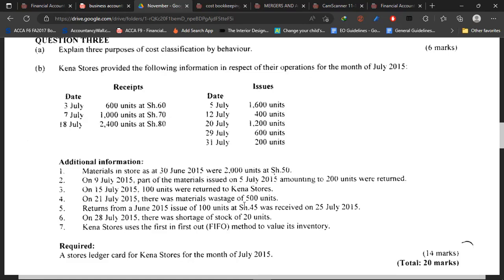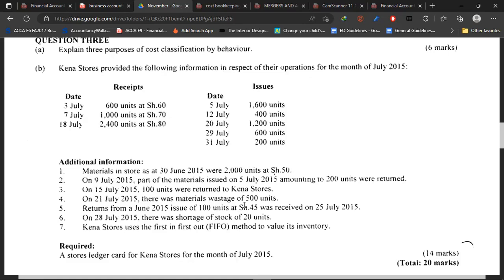So we have already been told, in additional information number 1, we have opening balances. The materials in stores as at 30 June 2015 were 2,000 units at 50 shillings. Already I know I have opening balances. So when I go to July, date 1, I have an opening balance of 2,000 at 50 shillings, right?